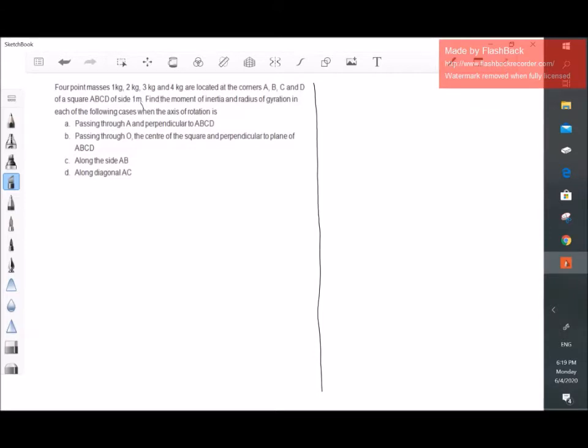Before we solve this question, let's do a flashback to last week. I was saying that moment of inertia is given as I equal to the summation of the product of the mass and the distance between particles.